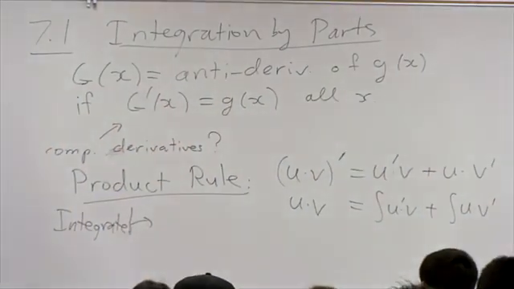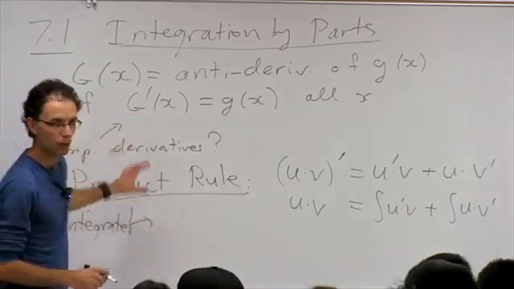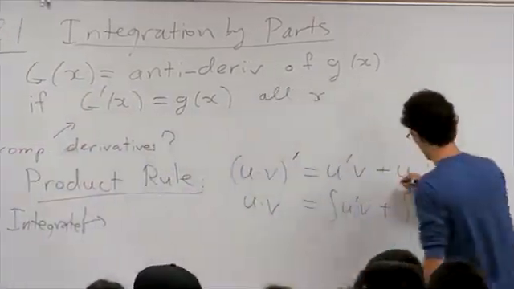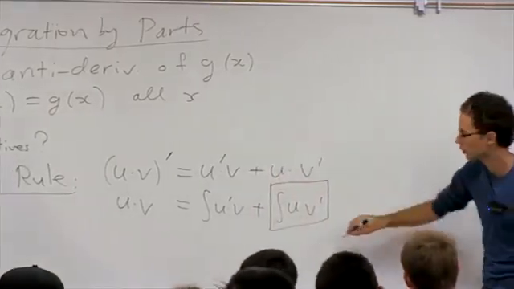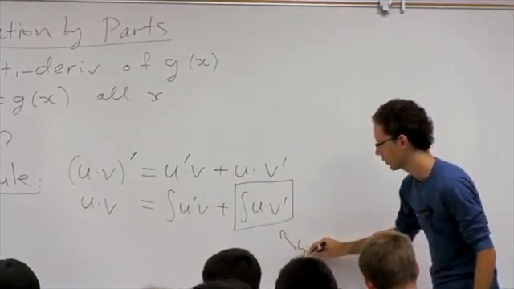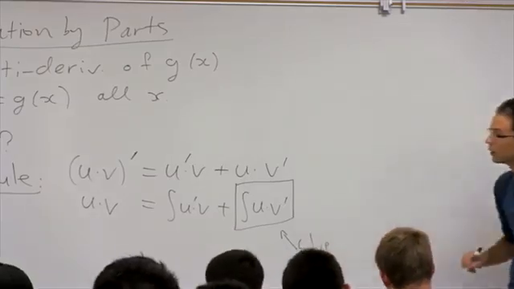Now, this is the starting point for integration by parts. We're just going to solve for one of these antiderivatives. I'm going to solve for the one on the left here; we could choose the one on the right if we wanted to.